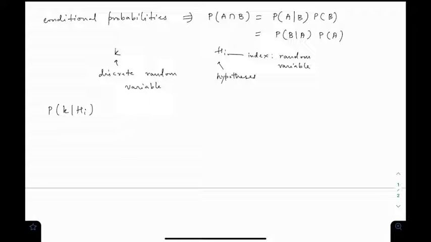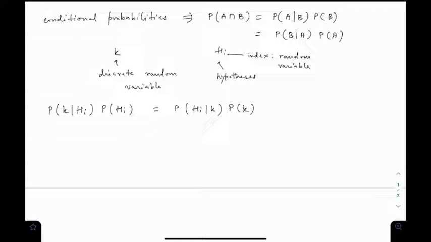So what we can write, P of K given Hi times probability of Hi is nothing but the probability of Hi given K times the probability of K. We have basically replaced A and B by K and Hi.